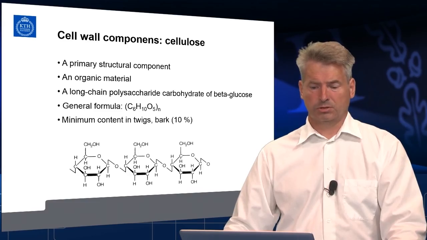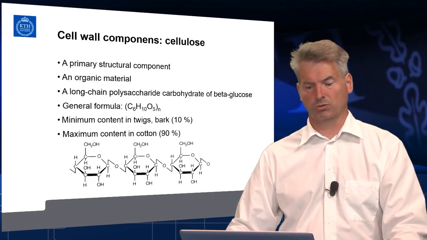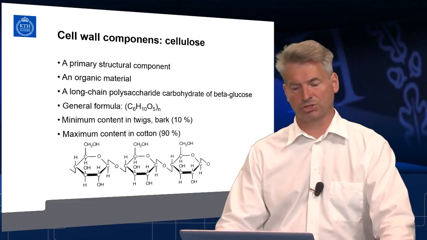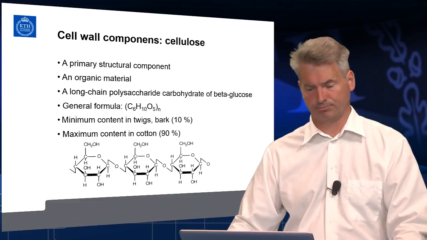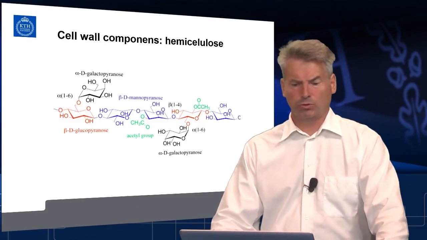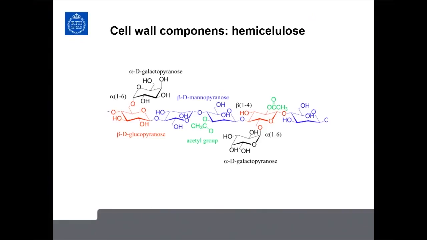In twigs and bark, you have a small content of cellulose, while in cotton, for example, you have a very large content of cellulose. Hemicellulose contains different kinds of saccharides, with rings containing both 6 carbons and 5 carbons.